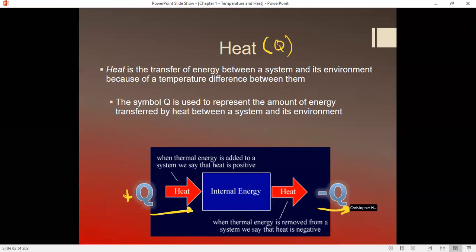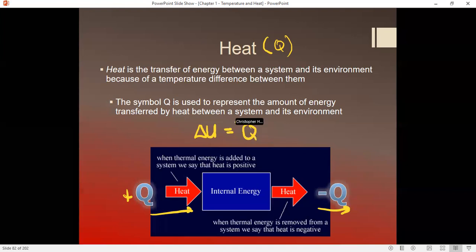If the heat is negative, then we're extracting energy from the system. In any case, if no work is being done by the system, don't worry about this. We're going to talk about work later on. If no work is being done, the change in internal energy of any system is equal to the heat being added.